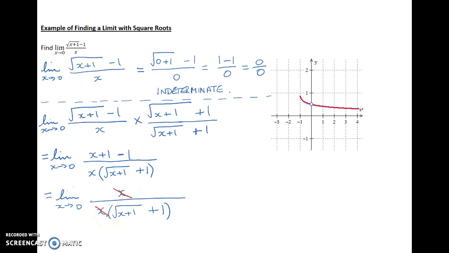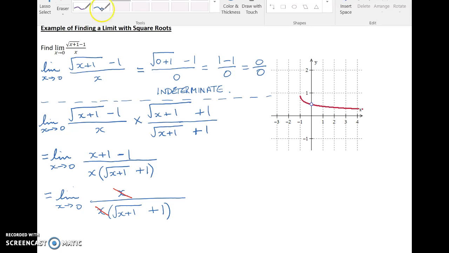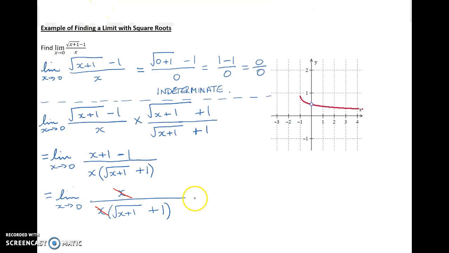Okay. Now remember, please, that when you cancel everything on a line, it doesn't become 0, you're left instead with 1. So this becomes the limit as x approaches 0. Everything on the top is gone, but we replace it with 1. On the bottom, we have the square root of x plus 1 plus 1.